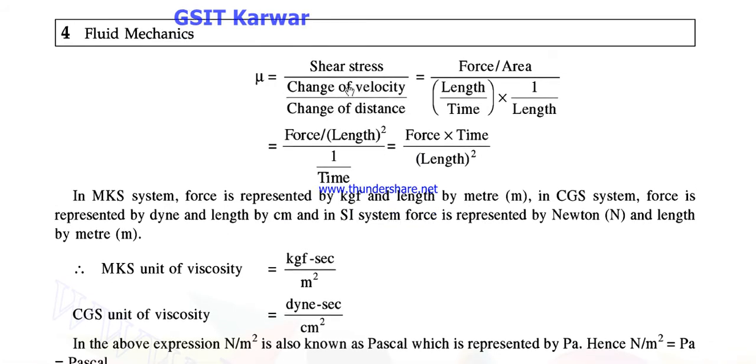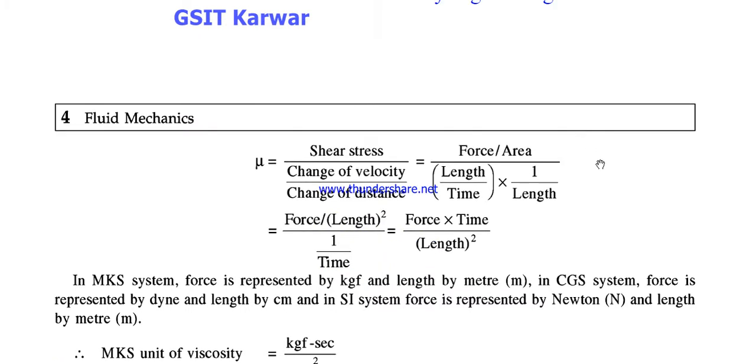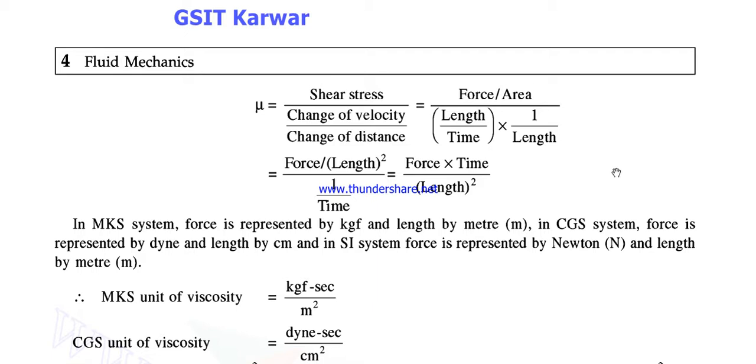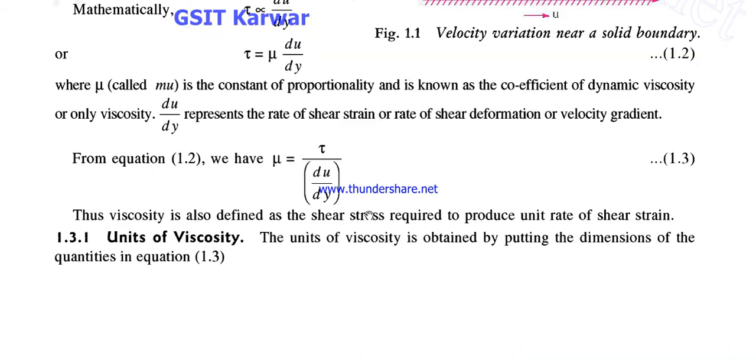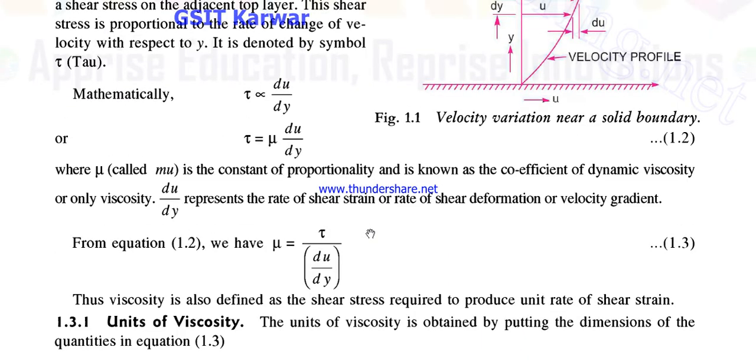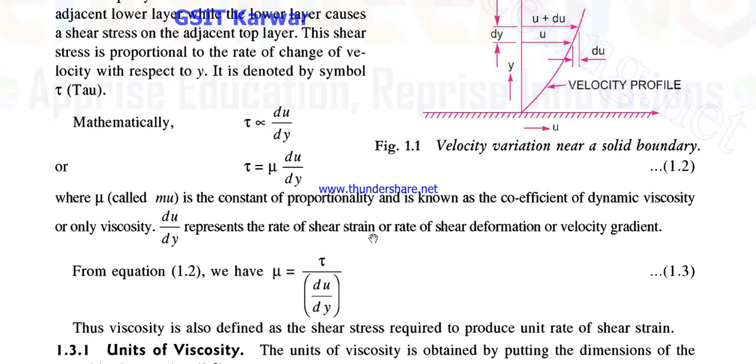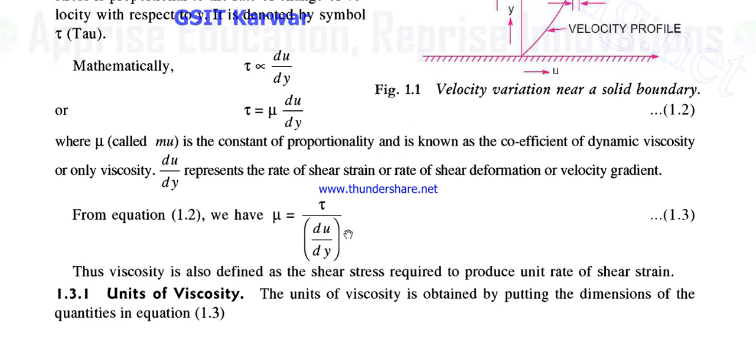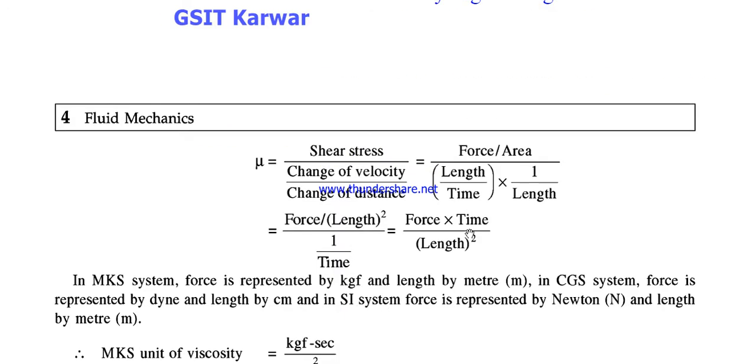Yes, mu equal tau, the tau is the shear stress, and du by dy. Du is the change of velocity and dy is the change of distance.